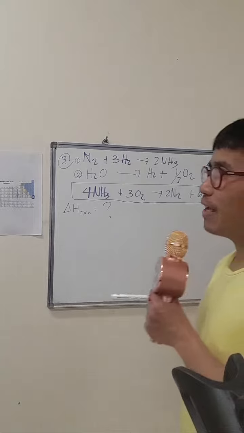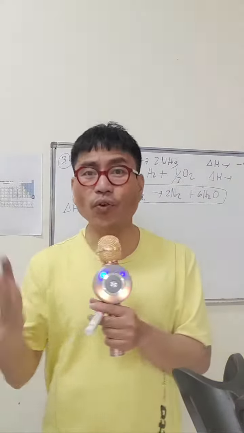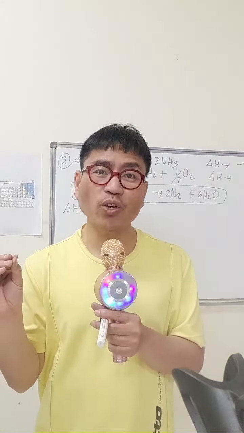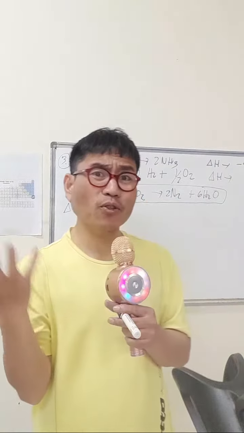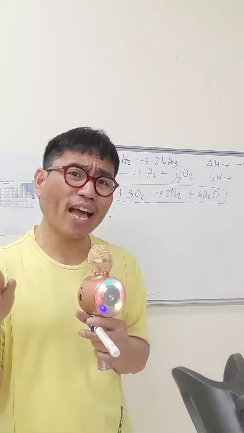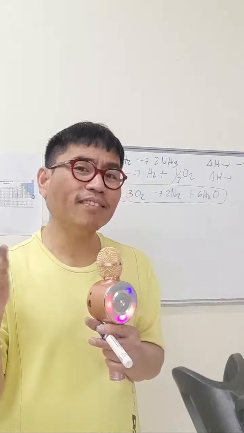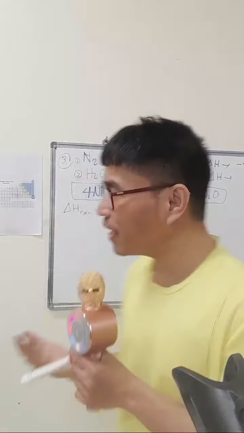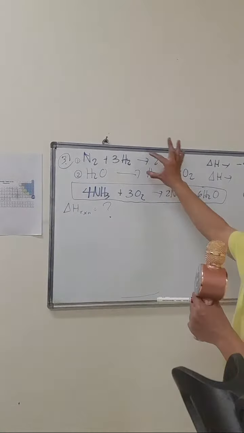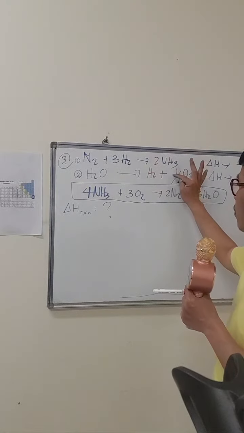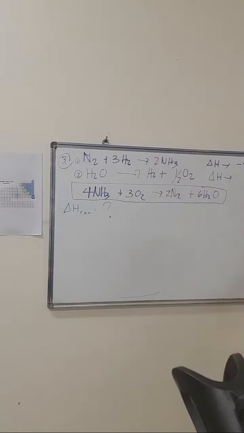Now the first technique in Hess's law is to add the two equations. We go back first to the basics. Though we can solve directly, I need to discuss it in a detailed fashion. If we add these two equations, of course you need to also add the two enthalpies of reaction of equation 1 and equation 2.